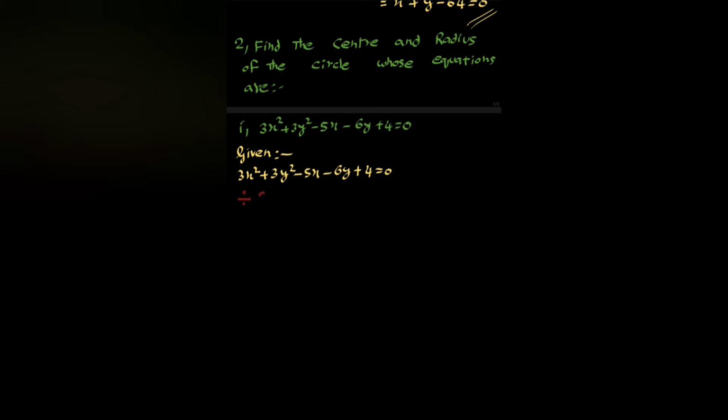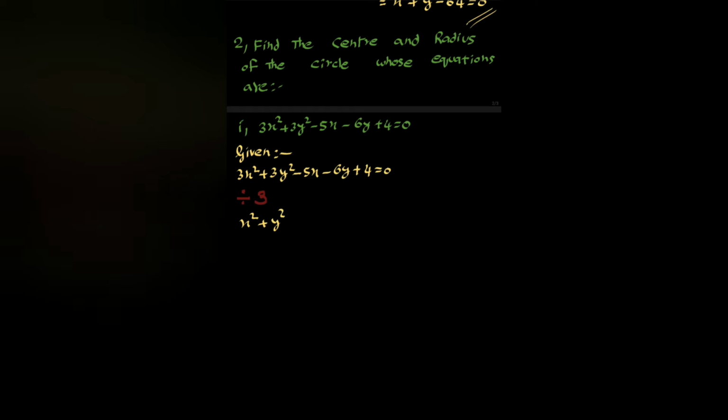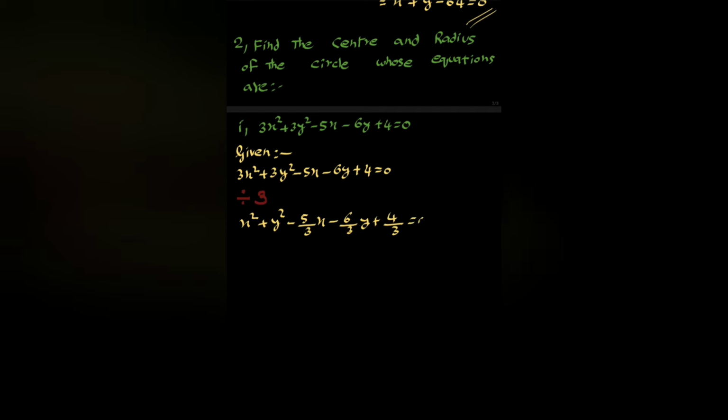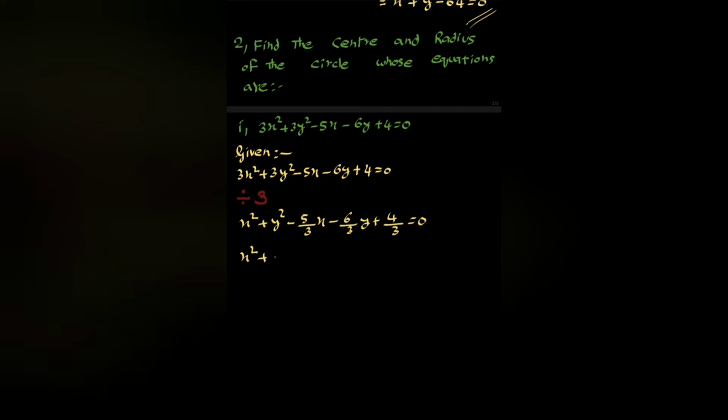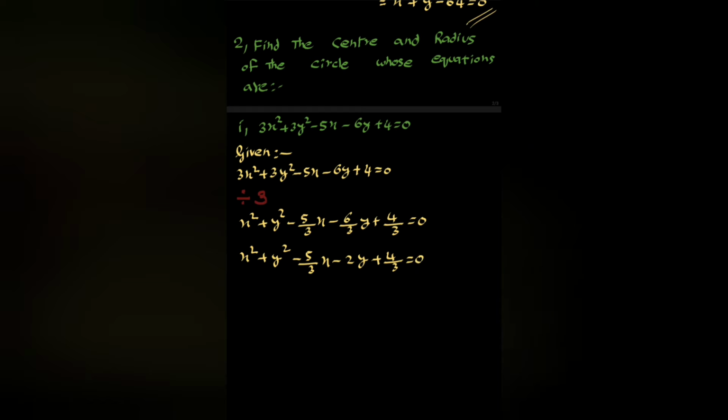Then we get x square plus y square minus 5 by 3 x minus 6 by 3 y plus 4 by 3 equal to 0. So we get x square plus y square minus 5 by 3 x minus, 6 by 3 that is 2, 2y plus 4 by 3 equal to 0.